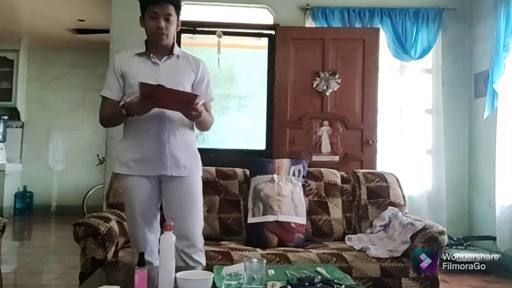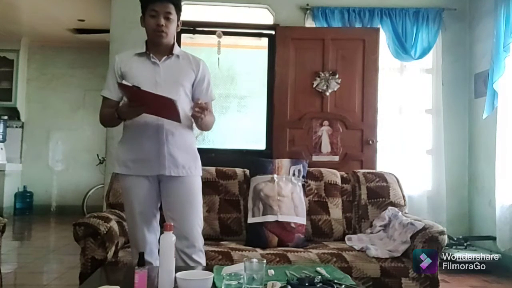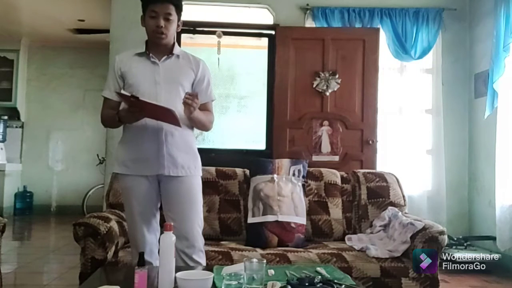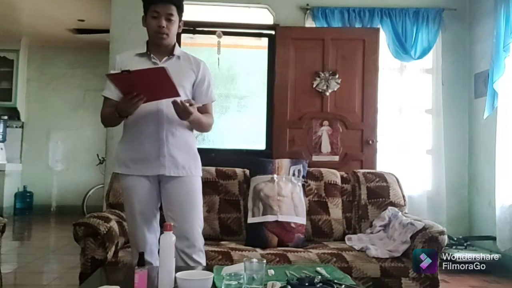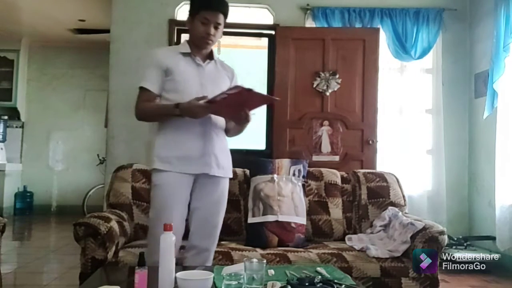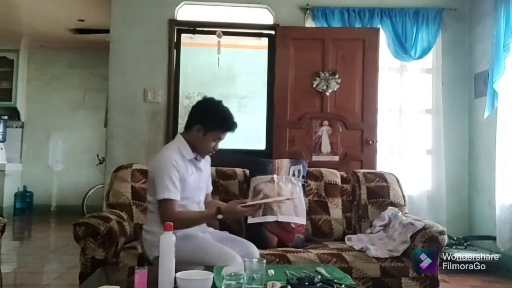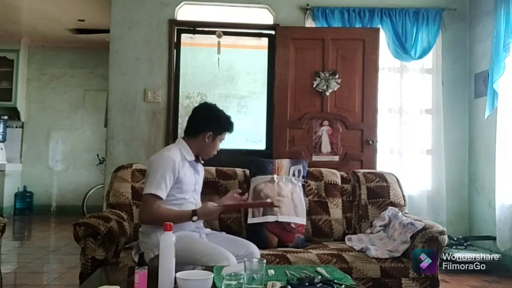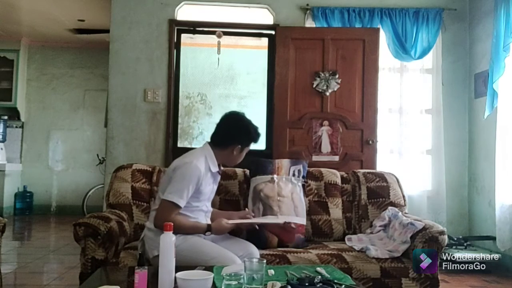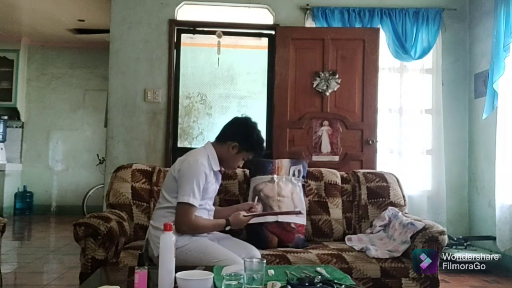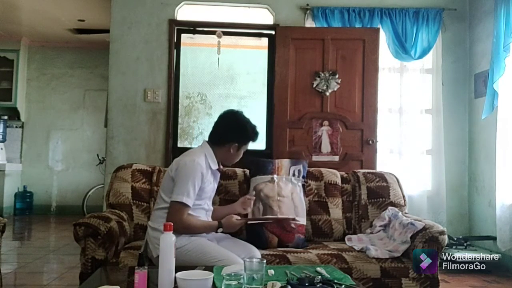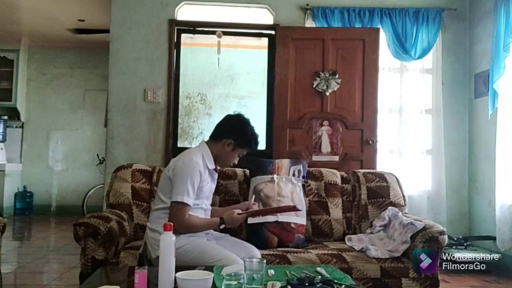Next is to observe intercostal spaces for bulging or retraction and use of accessory muscles. So, sir, I'm just going to observe you for any bulging, sir. So, just take a normal breath, sir.